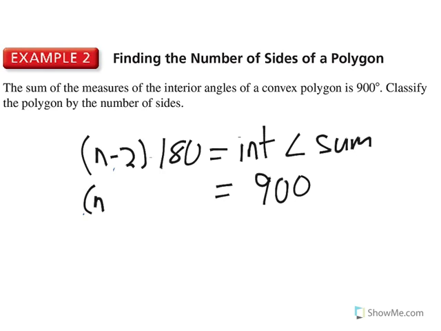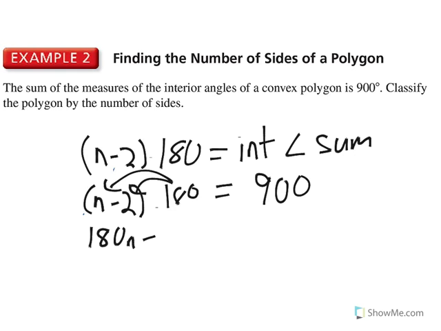And so I don't know n. I'm going to leave my variable for n, and then I'm just going to solve. So in this case, I'm going to go ahead and distribute. I just multiply inside my parentheses, so I get 180n minus 360 equals 900.